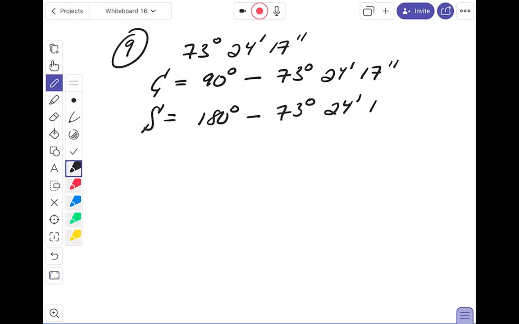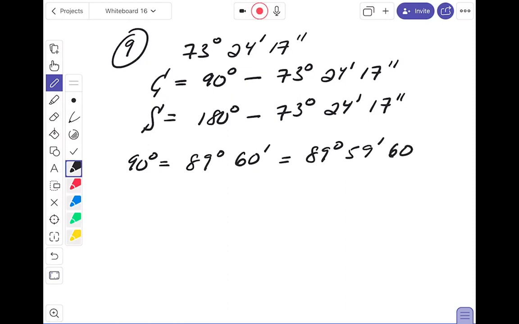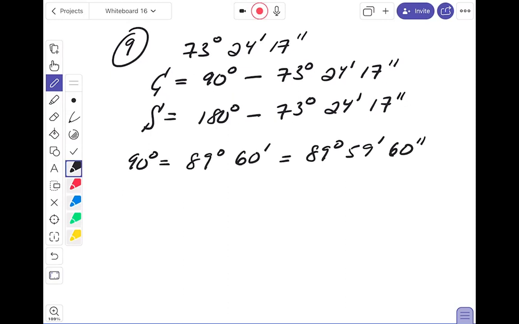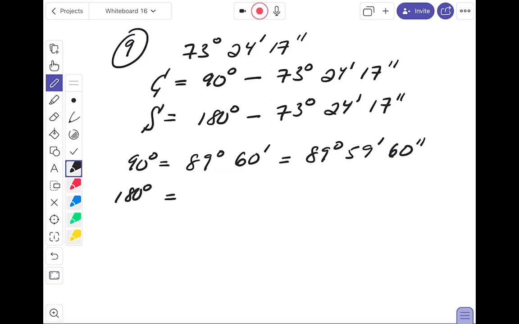Question is, can you do the arithmetic? Well, I'm going to do it. I want to tell you what 90 degrees is. 90 degrees is going to be 89 degrees, 60 minutes. It's also going to be 89 degrees, 59 minutes, and 60 seconds. 180 degrees is going to be 179 degrees and 60 minutes.